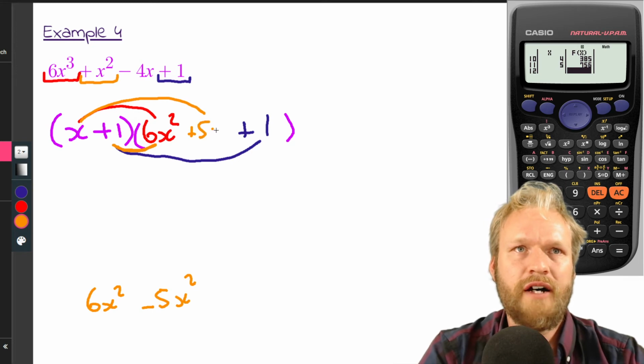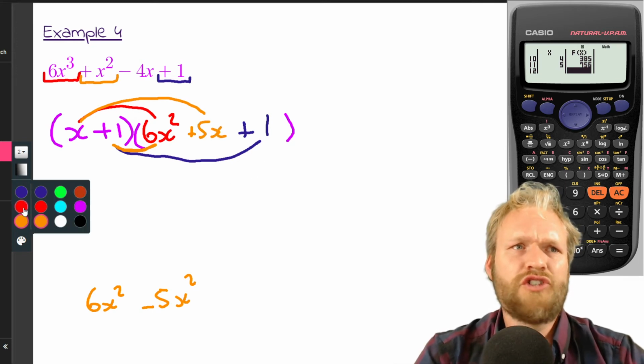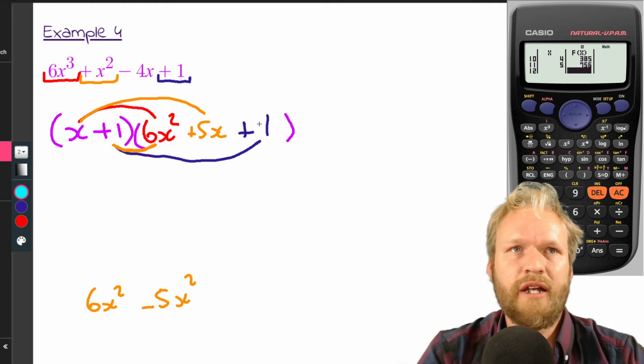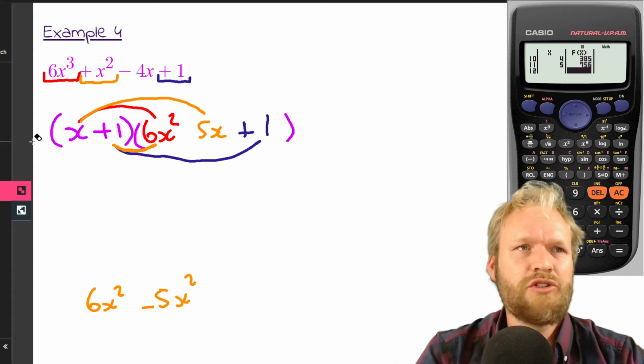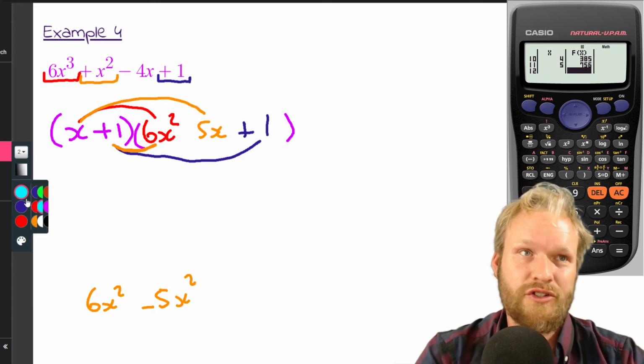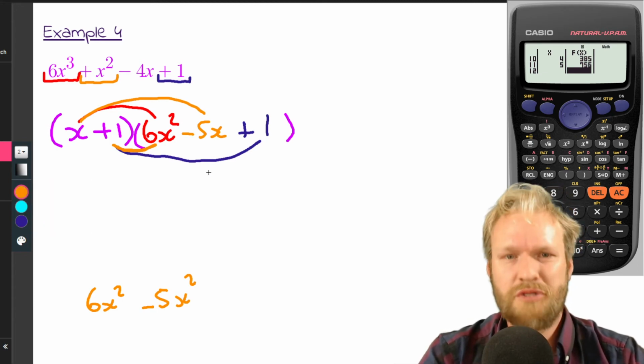Well, 5x. And we can check the last one if we want to. X times 1 is 1x. 1 times 5x. Something seems wrong, because 1 times 5x would be 5x. So, that was a good thing. We just double checked and went, no, wait a second. This was minus 5x squared. So this should have been minus. Cool.